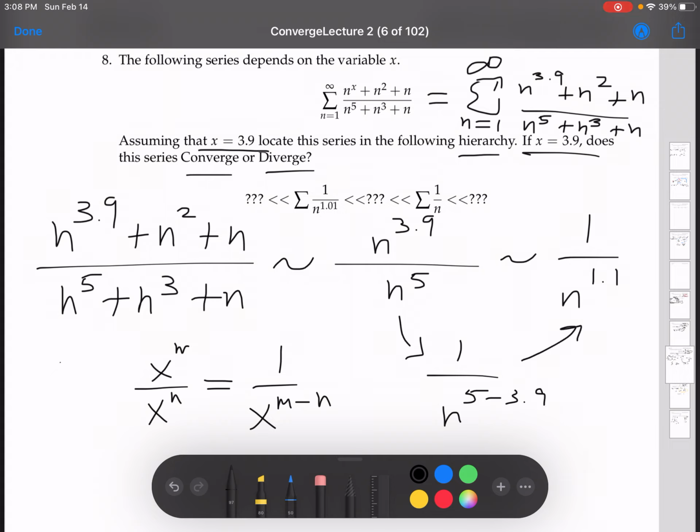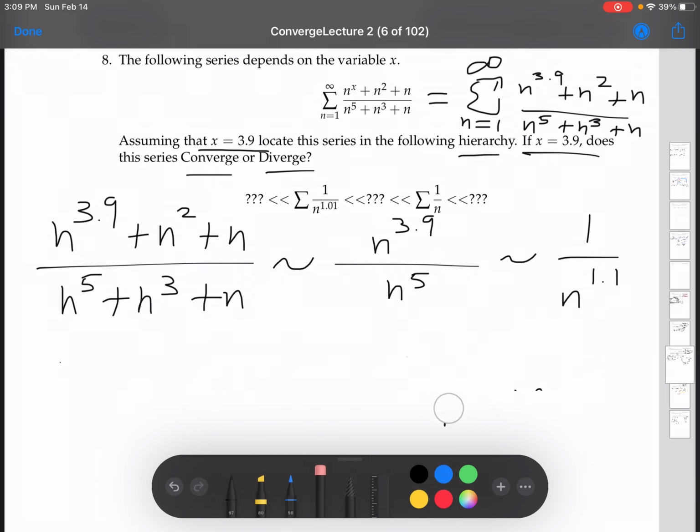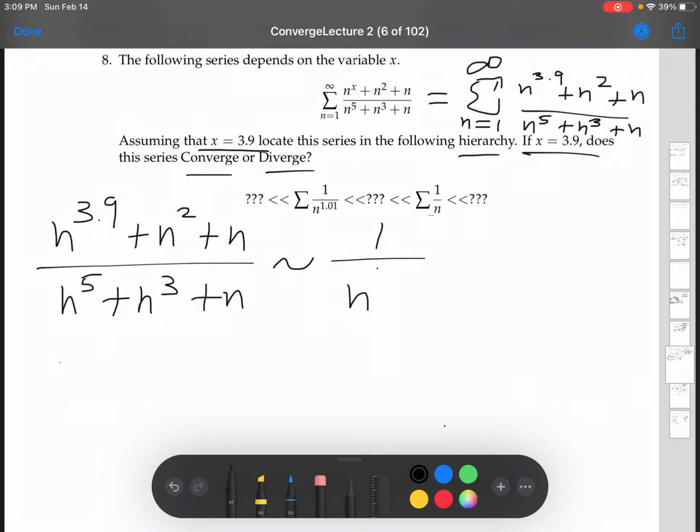That's how I get that there. Let's see, 5 minus 3.9, that is 1.1, right? Oops, 1.1, not 1.5, 1.1.